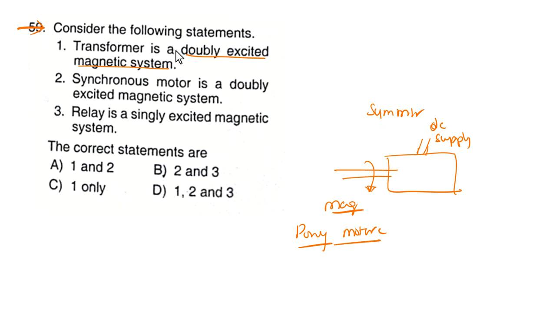Now in a transformer, where we would need a double excitation, we are only using a single phase supply. So it is a singly excited machine. Transformer is a singly excited magnetic system. Synchronous motor is a doubly excited magnetic system. Relay is a singly excited magnetic system. So among the statements, the correct ones are 2 and 3. So the answer is B here.